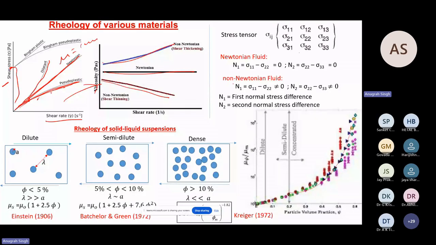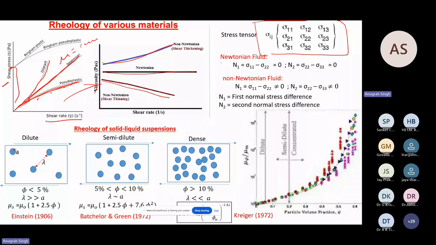The other one is to compute the stresses. So this is the stress tensor, all the 9 components of the stress tensor, the diagonal part and the off-diagonal part.